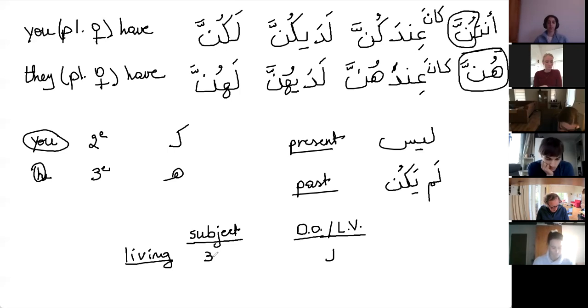And the last one is if the subject is non-living and the direct object doesn't matter, then we use fīhi or fīhā or lahu and lahā. An example of this is a sentence like, Holland has a king.